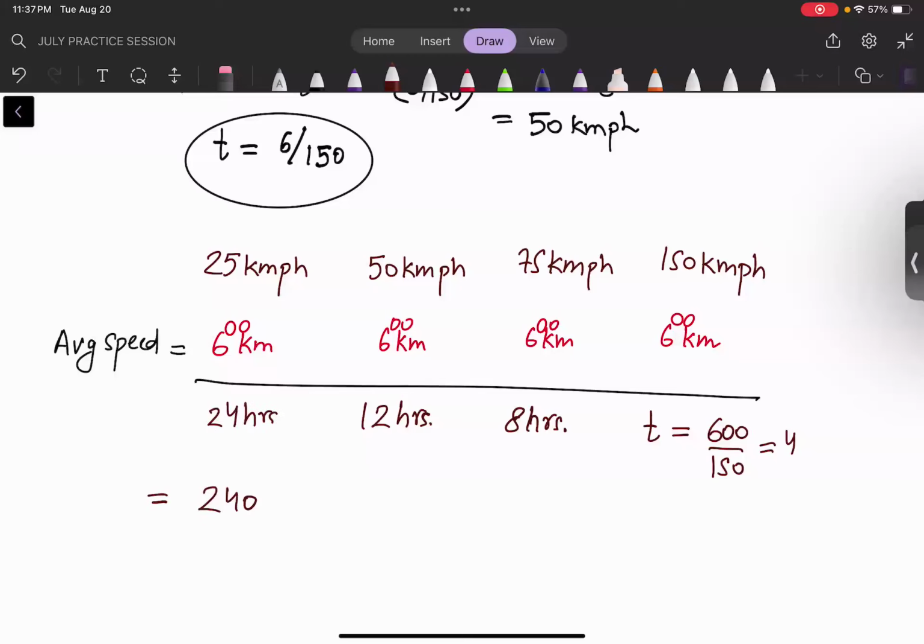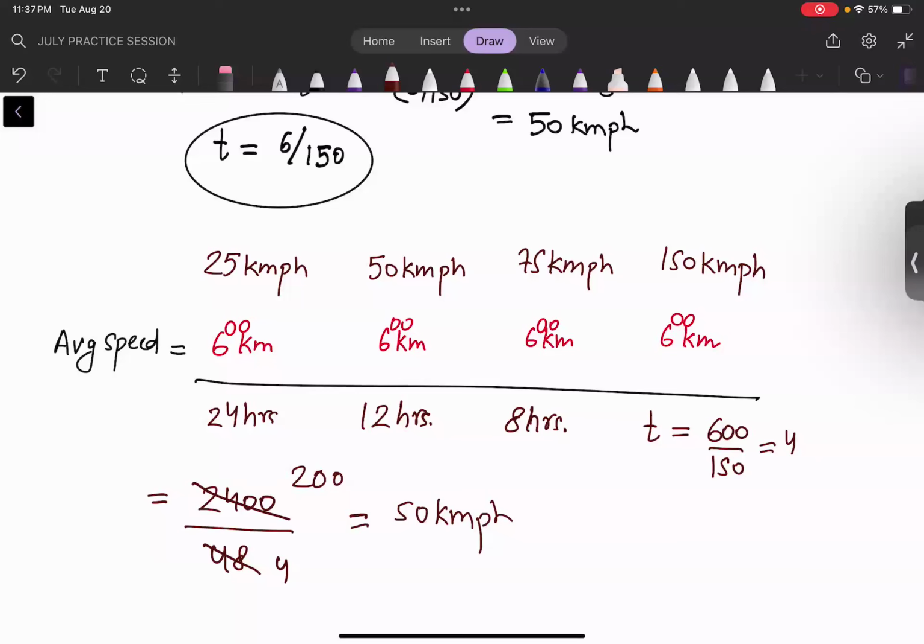Total distance is 2400, and the total time I will get is 24 plus 12, 36, 36 plus 4, 40, 48. So the same answer we will get.